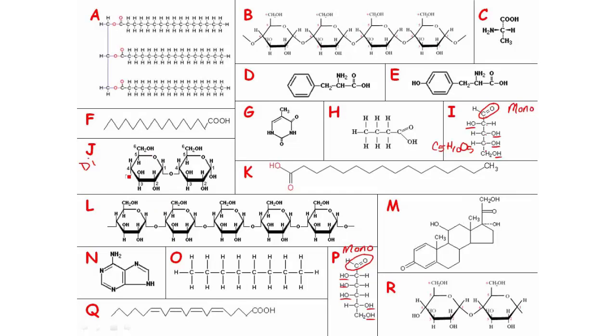Notice with J, we've got a ring that has one oxygen embedded in it, and we still have lots of hydroxyl groups. We have a second ring that has essentially the same thing. Notice as well that right between the two you have a linkage that has an oxygen in there. That would be the glycosidic linkage. So that would be a disaccharide.